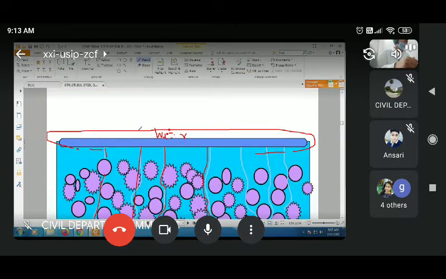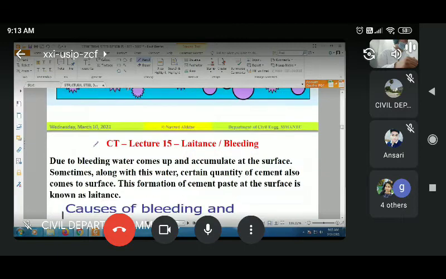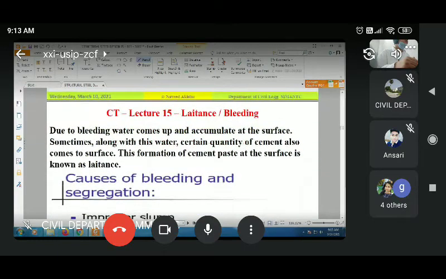Then we move up, you can see the laitance. It is nothing but, due to the bleeding, water comes up and accumulates at the surface. Sometimes along with this water, a certain quantity of paste also comes to the surface.